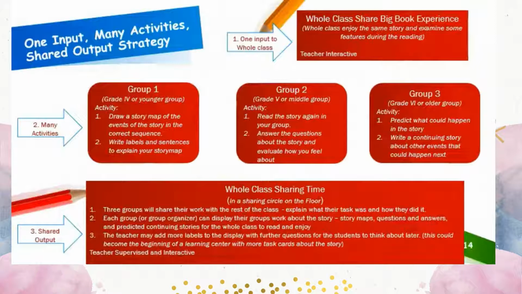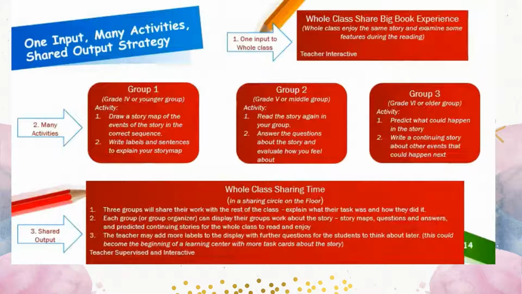Depending upon the purpose of the teacher, the class is grouped according to their abilities. It can either be according to grades or abilities. Here, grade 4 students are in a group, grade 5 students are in a group, and grade 6 students are in a group. In every group, they will do a different task.